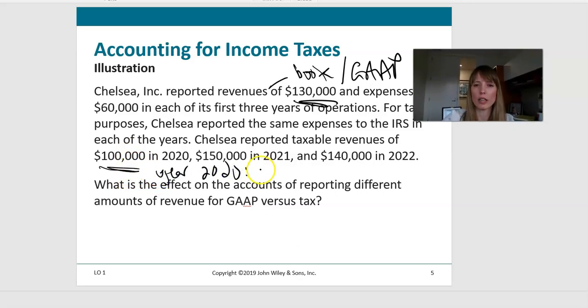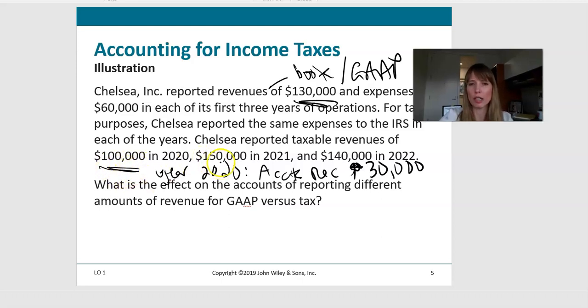There was a sale on account, so we know that accounts receivable increased $30,000, because if we have a sale on account, we recognize that revenue under GAAP. But under the tax rules, we look at the cash revenues, not the accrual revenues. So that $30,000 was not included in 2020's revenues. That $30,000 was collected, some of it in 2021.